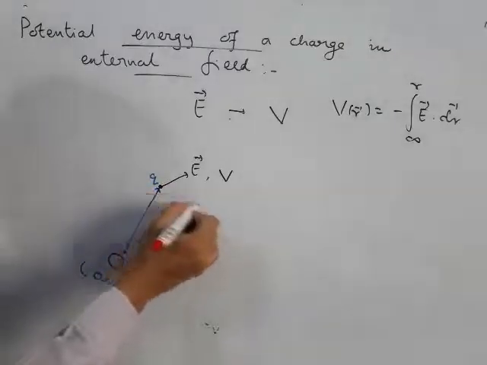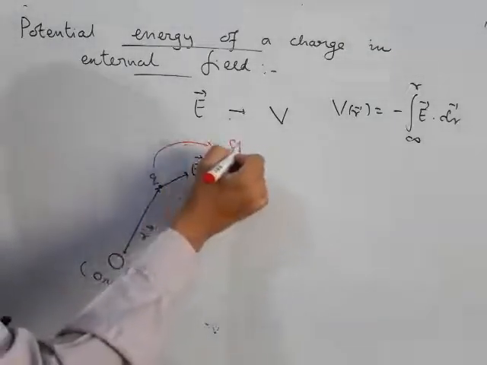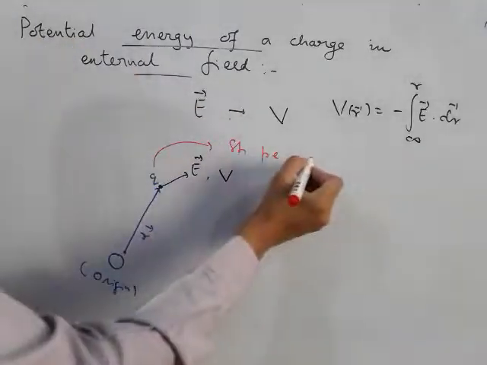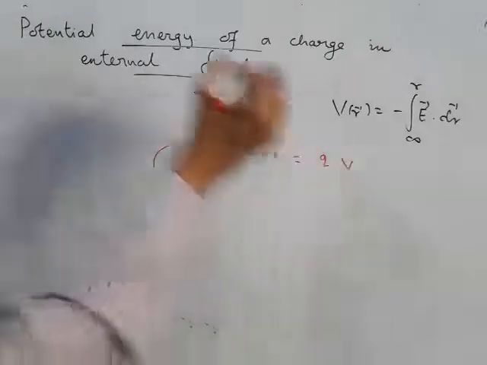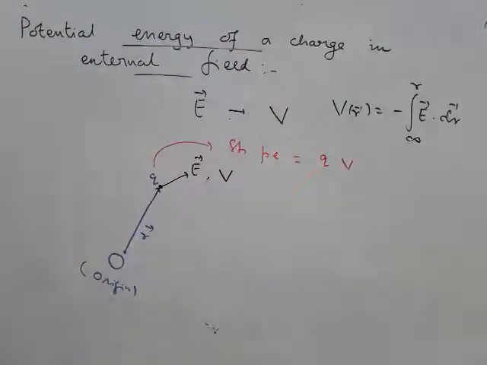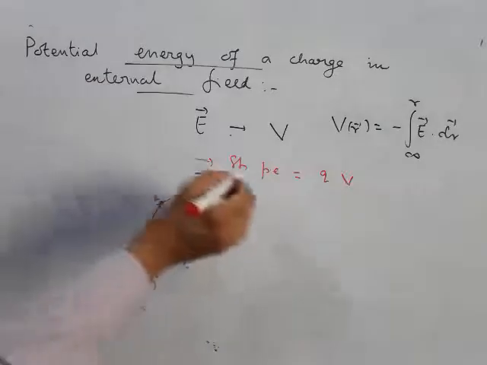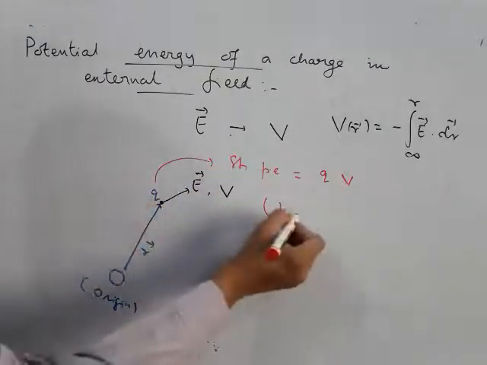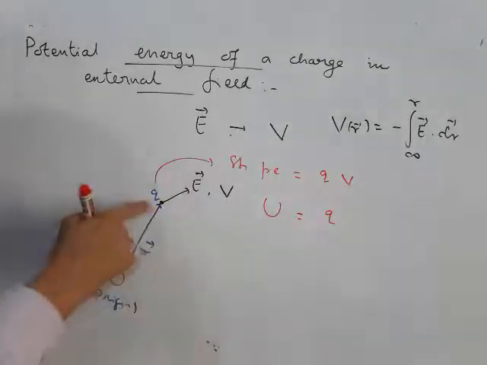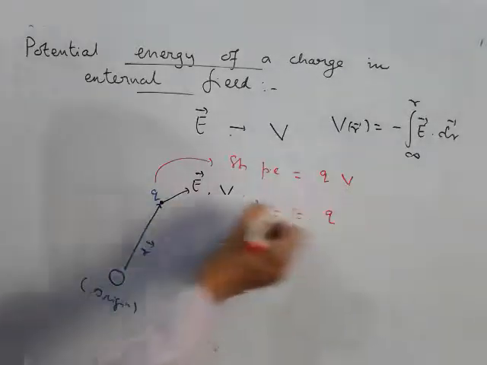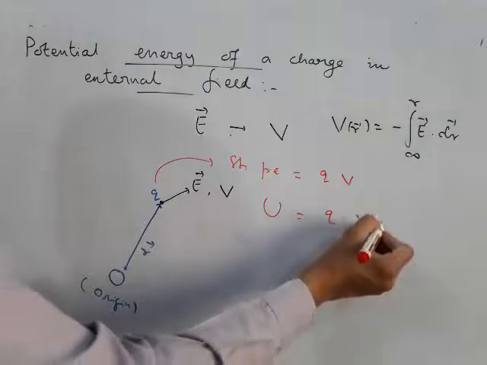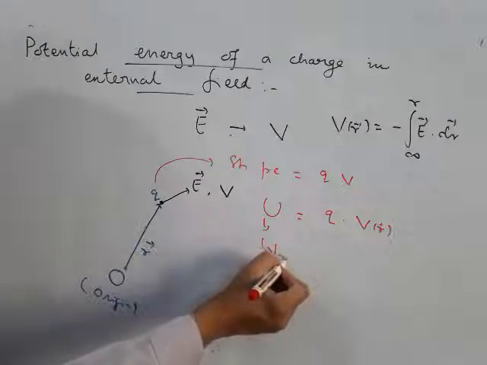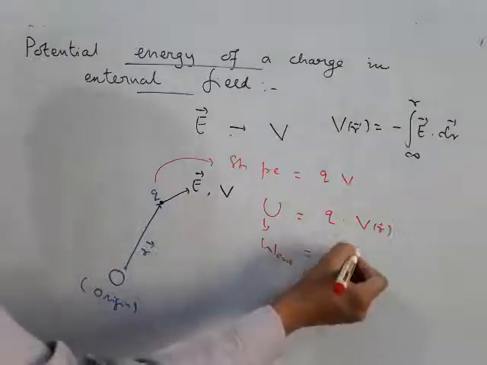So its potential energy will become equal to Q into that potential, that is V. So this potential energy, we will denote it as U. This is the potential energy of this particular charge that will have a value equal to that particular charge multiplied by potential at that point. If you remember, students, potential energy I have told that is equal to W external, and W external is nothing but charge into potential difference.